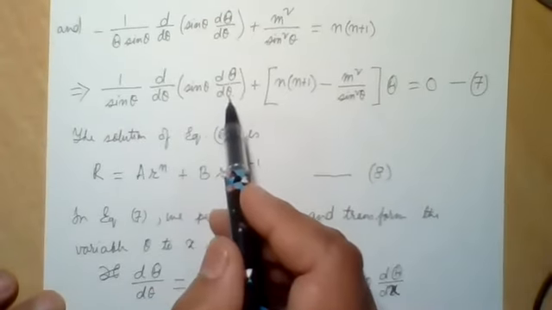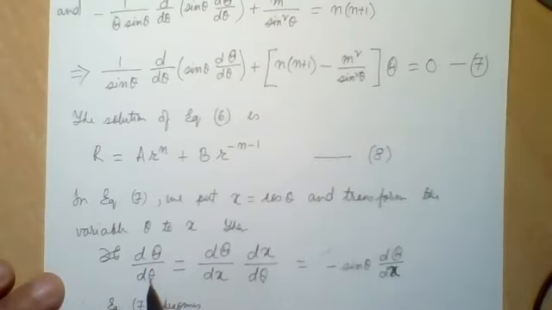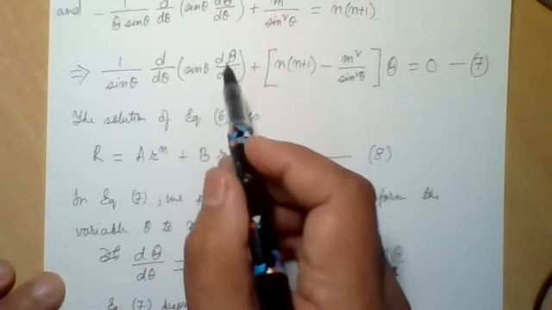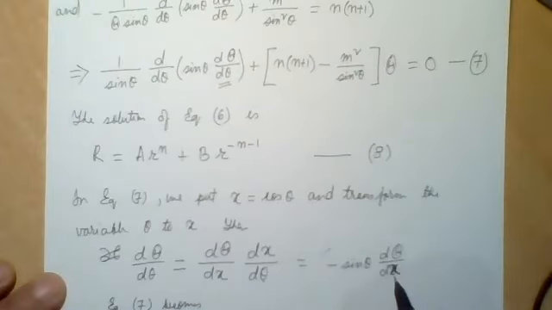Here we have d capital theta by d small theta, so this term should be replaced by minus sin theta d capital theta by dx.